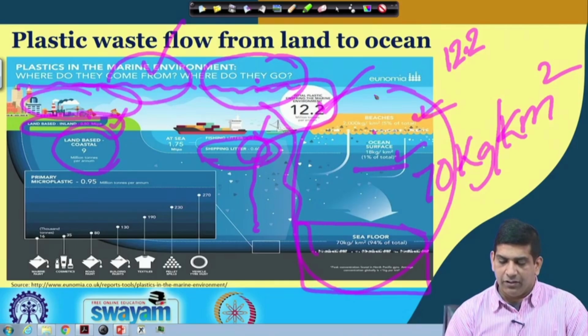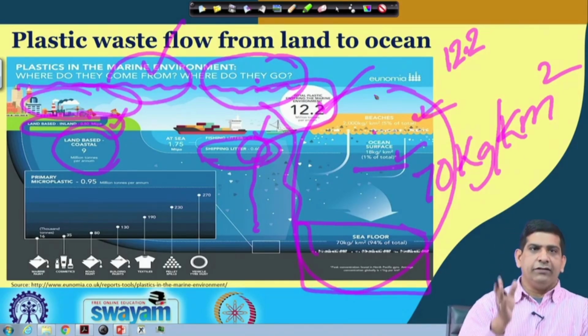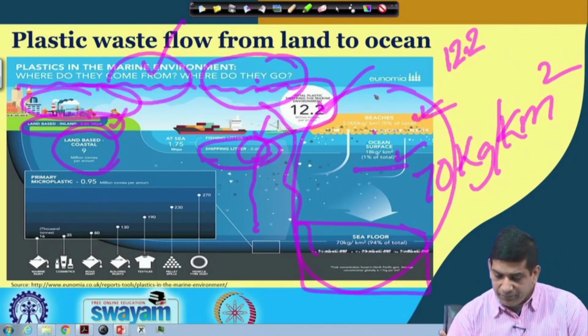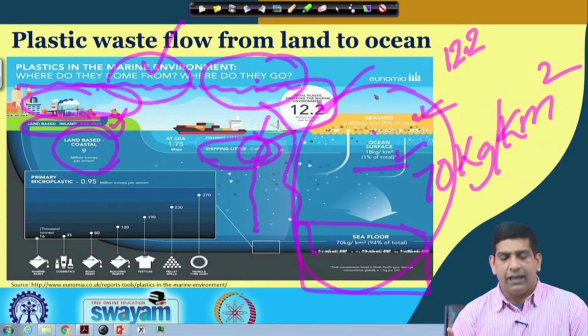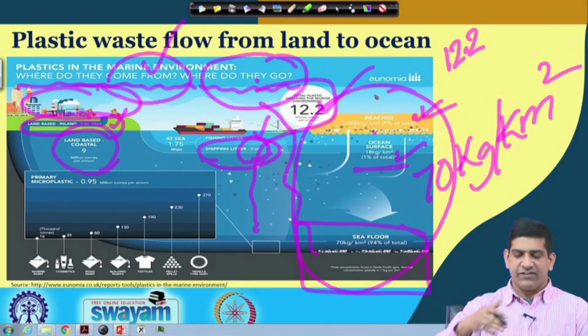The remaining 6% is divided as 5% on the beach and 1% in the ocean waters. So 5 plus 1 is 6, and 94% in the bed, so total 100%.